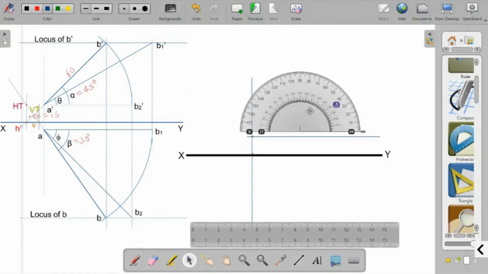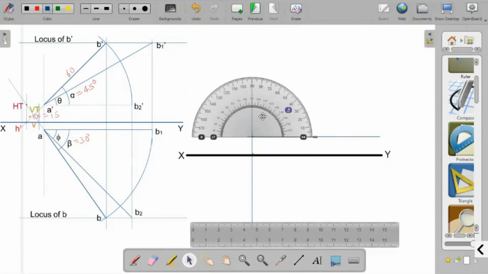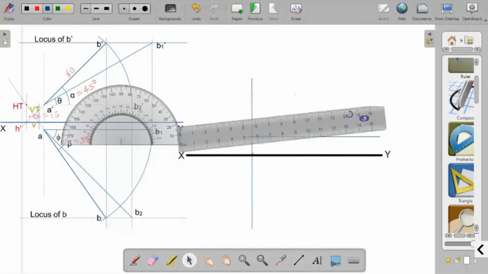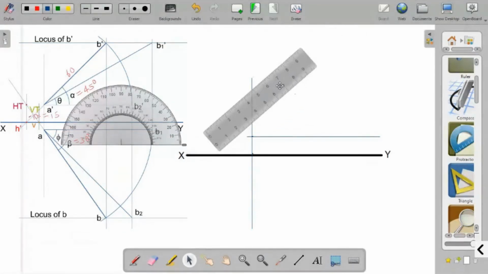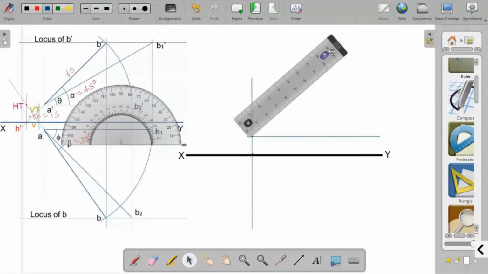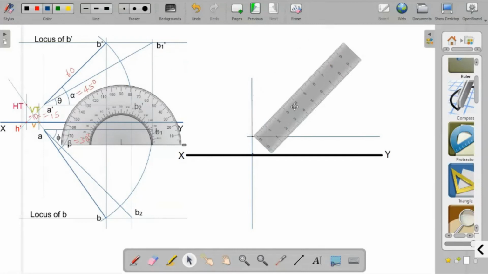And now the front view. I draw the front view that is 45 degree inclined to this line. The distance is 60 millimeter.